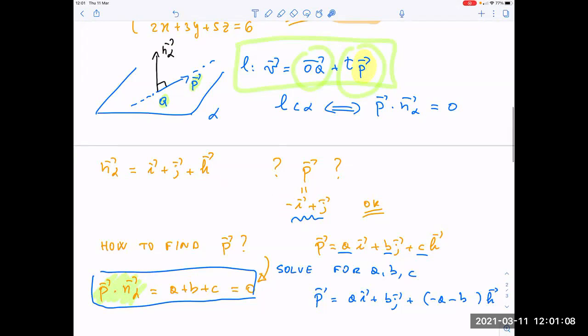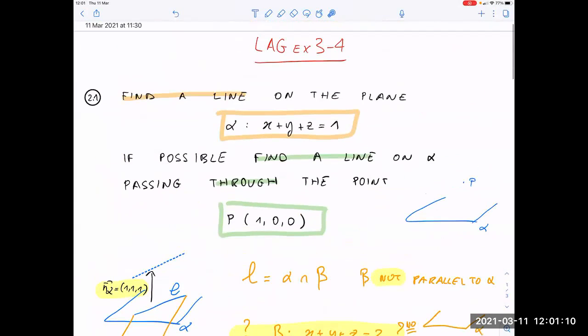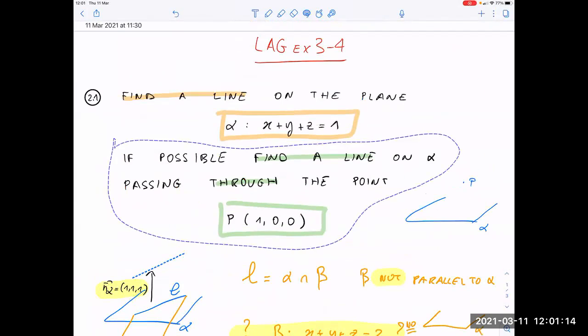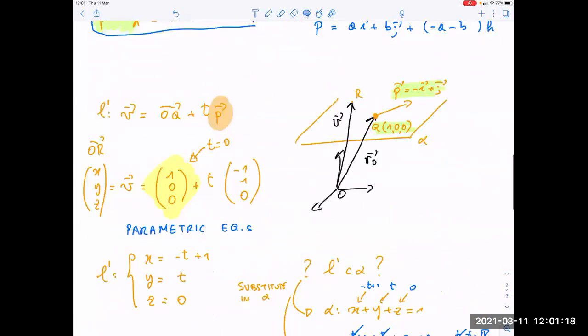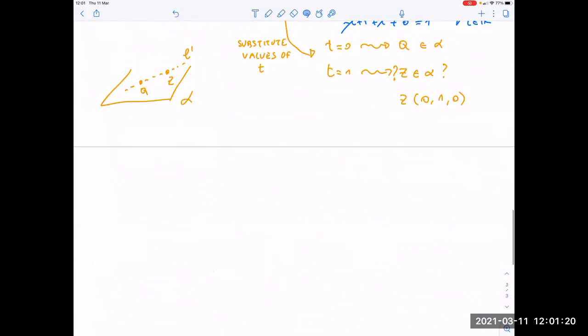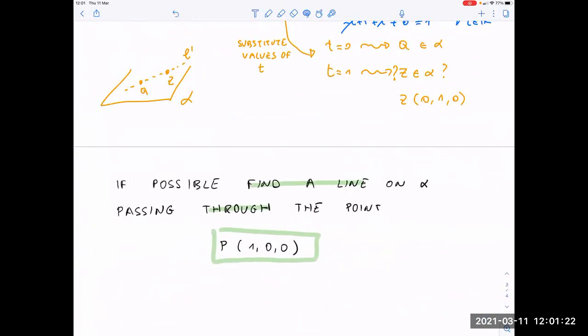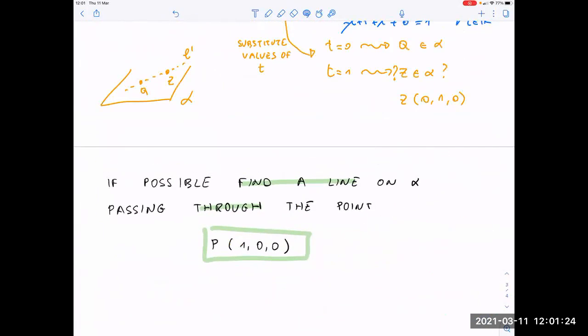So the task we have to do now is this. Let's carry it down with us. We want to find, if possible, a line on the plane doing something special, passing through the point 100, okay?